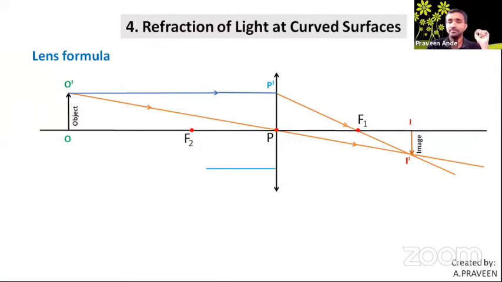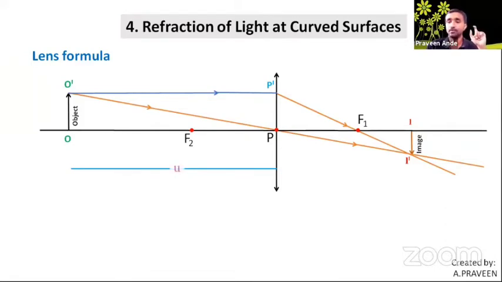Then look at the left side. I am drawing a blue line from the pole to the object position. The line measures a distance. The length PO is the object distance, denoted by the letter u.